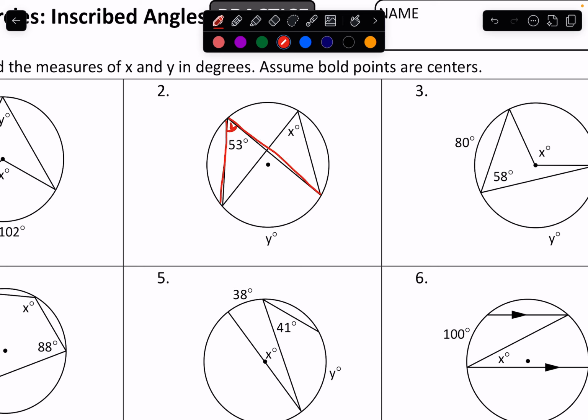Well, these two sides make that angle, which are connected to this arc. And if that angle's 53 degrees, that tells me something about the arc. Well, that arc is also connected to these two blue lines. So that tells me something else about the blue lines and the angle that makes the blue lines.